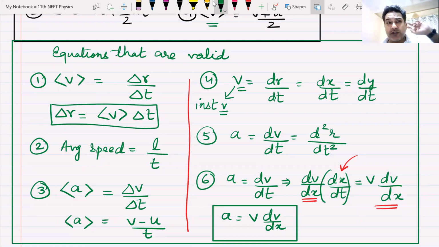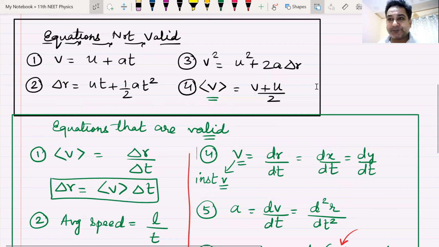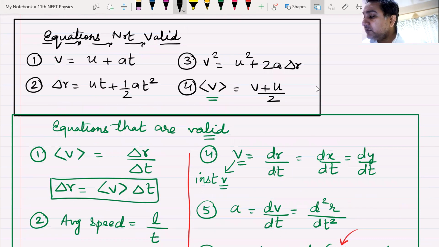Now we have two sets of equations, to be very precise. One is in green, and one is in black. Equations which are in black are only valid when?